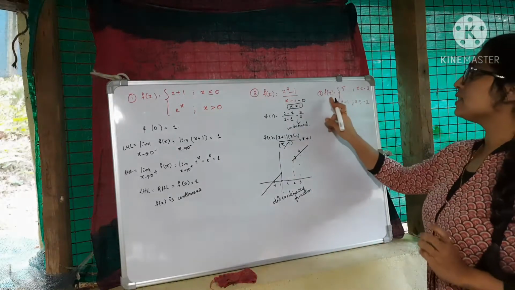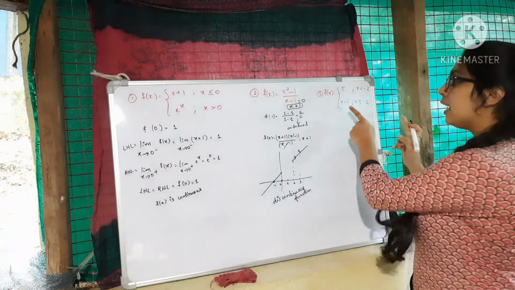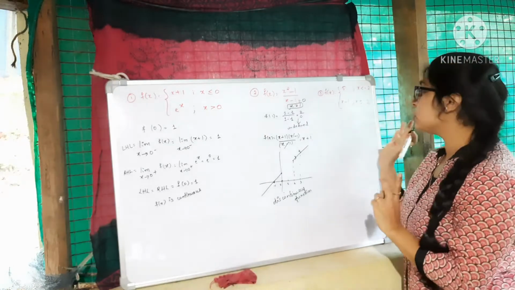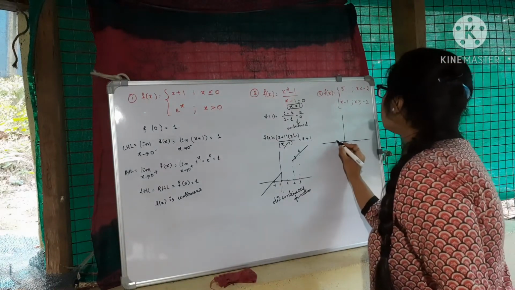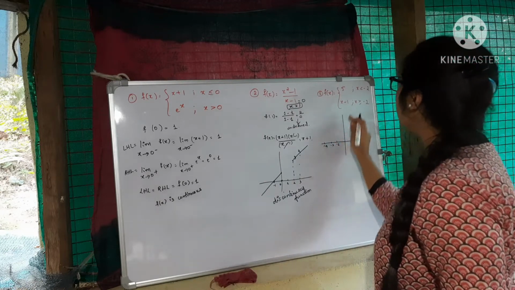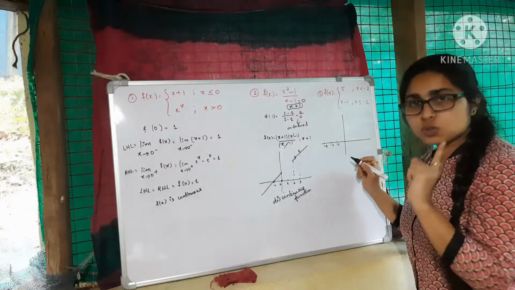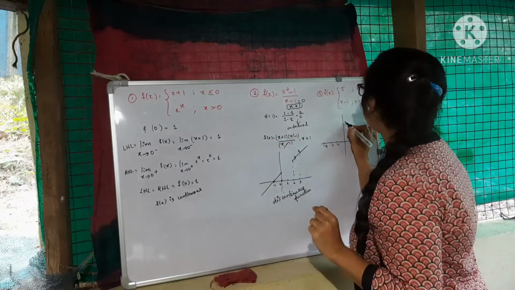So the third is f of x is equal to 5 for x less than minus 2, and it is equal to x minus 1 for x greater than or equal to minus 2. So graphically how will we draw this? See, if I consider this is minus 2, minus 3, minus 4. It is less than minus 2, which means minus 2 is not included, so we will have an open circle there. This is the value 5.